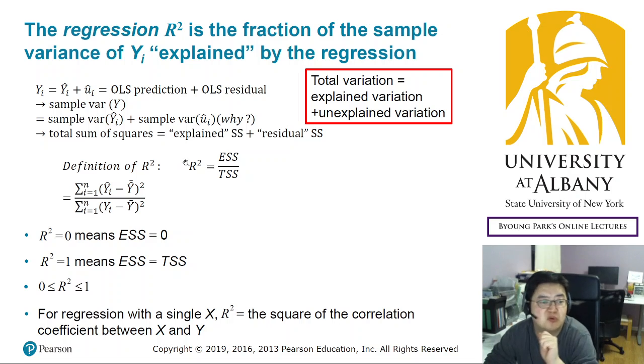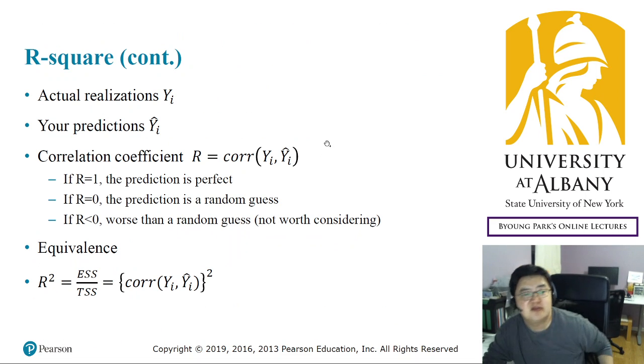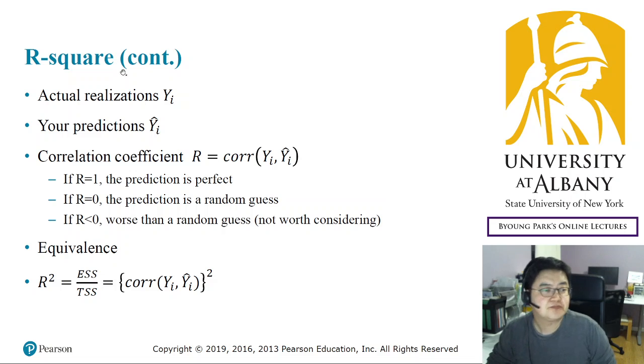It's intuitive, so you can say what percentage of variation is explained by the model. And I'm going to explain this sentence here. You may understand the R squared in a different way. Suppose we have Y, which is the actual realization of the test score, and you predict Y as Y hat. It is another number, and you may compare these two.